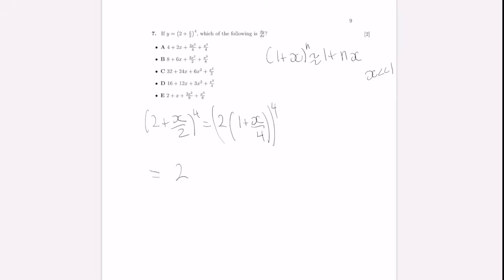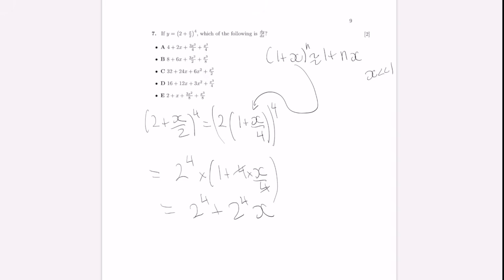Okay, well this here will just give us 2 to the power of 4, and then I'm going to apply this formula to this expression, because now it's in this form that I can apply the binomial expansion. So this here is just going to give me 1 plus 4 times x over 4, which is just, of course, 1 plus x. So this here is just going to be 2 to the power of 4 plus 2 to the power of 4 x.